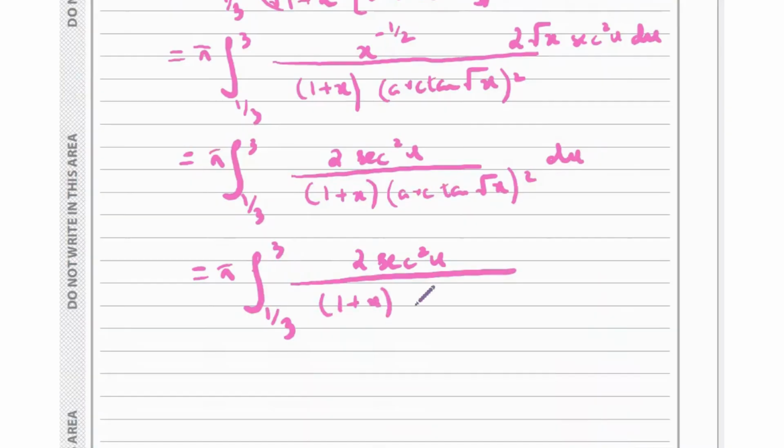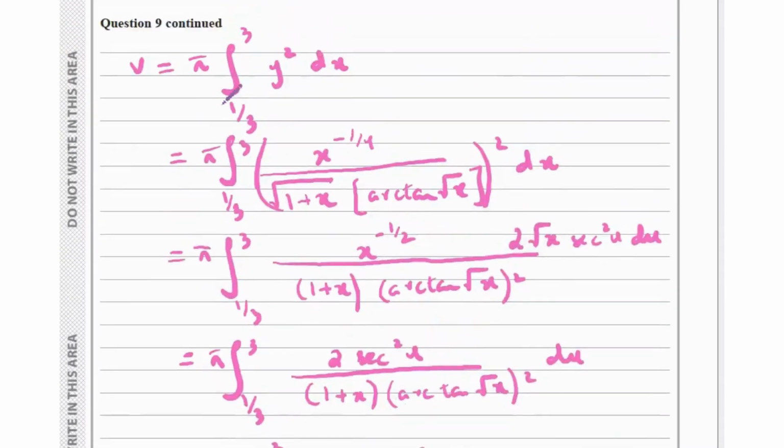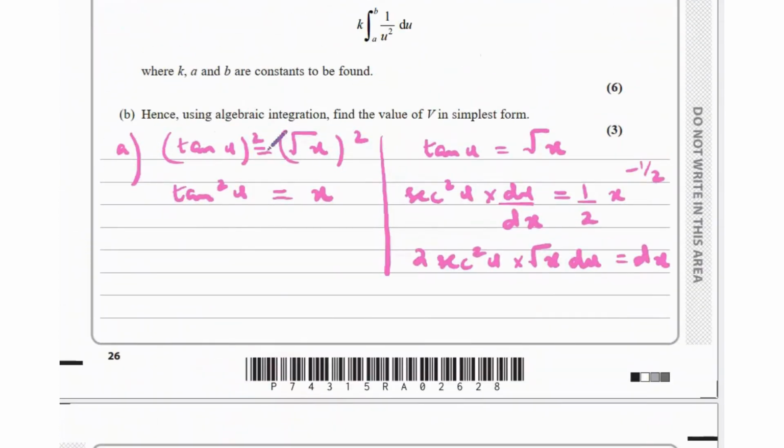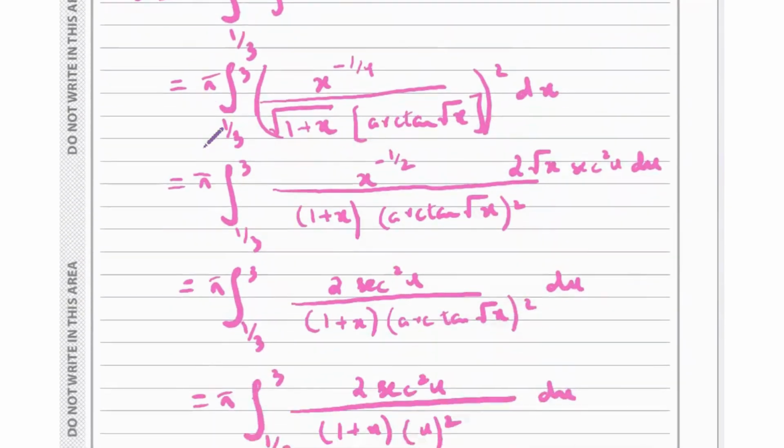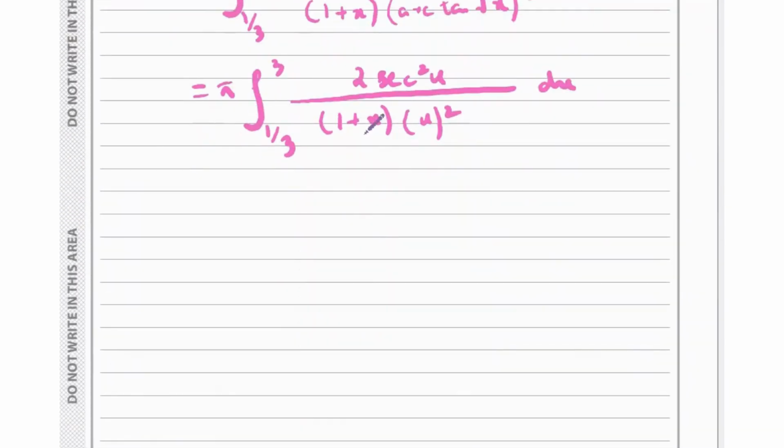Arc tan root x squared becomes u squared. And about the 1 plus x over here, since we know that root x equals tan u, x would equal tan square u. So we can replace the x with tan square u.